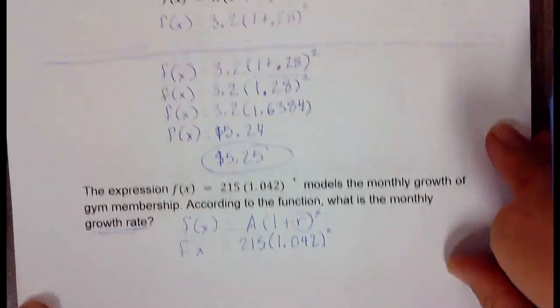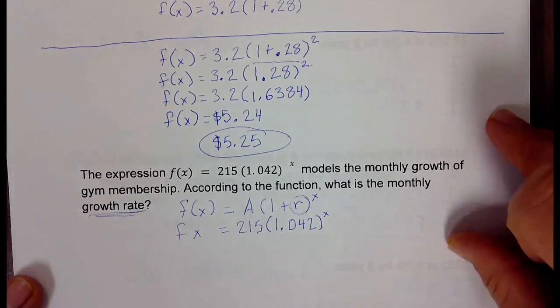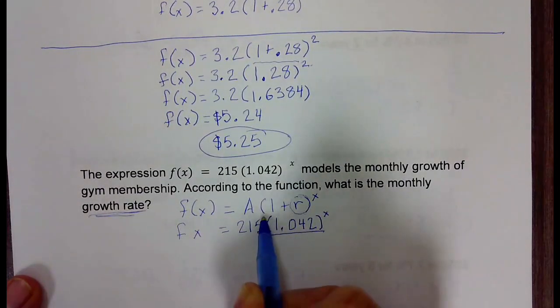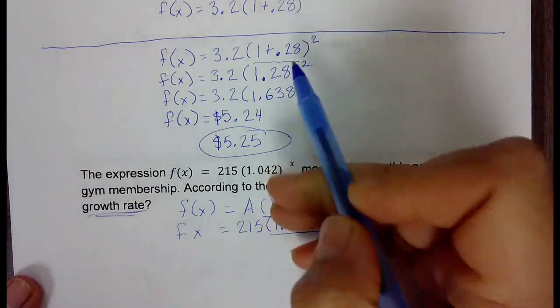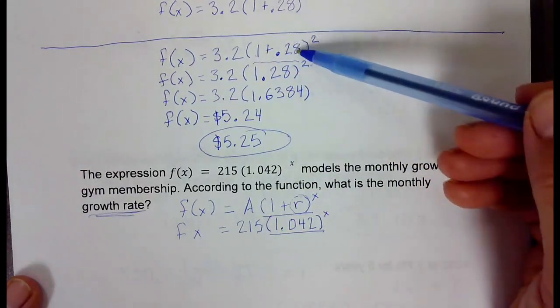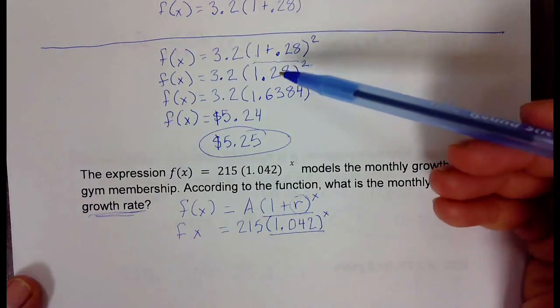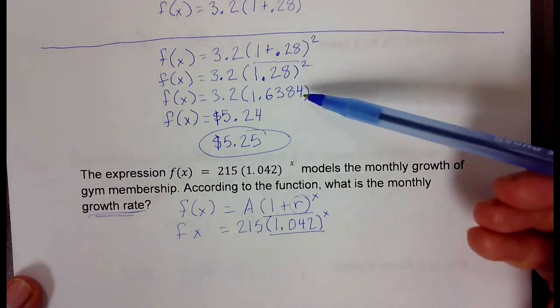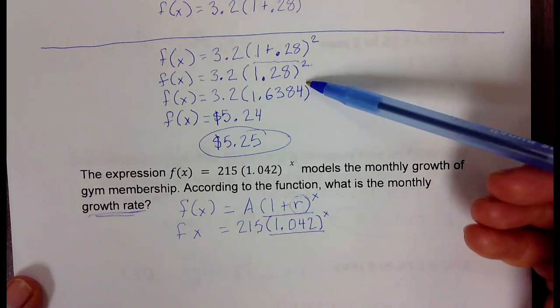Now, looking back at where I solved the previous problem, I can see in this particular part right here, I had 1 plus the rate, and that was equal to 1 plus 0.28, which equals 1.28.